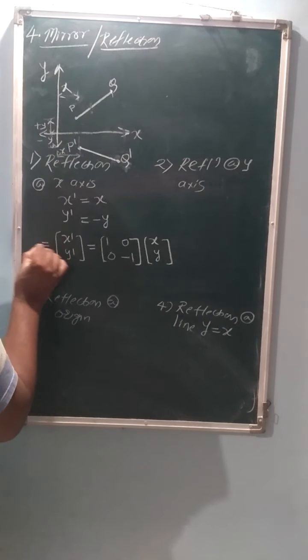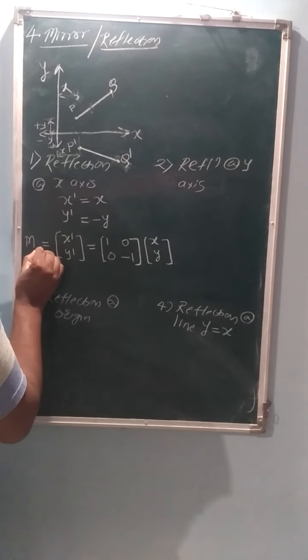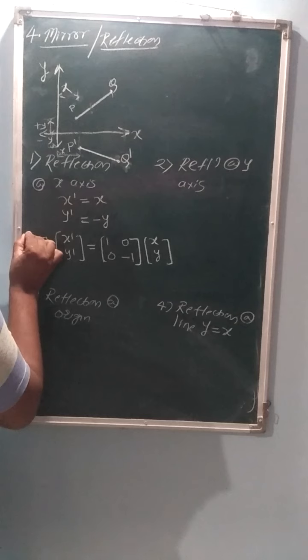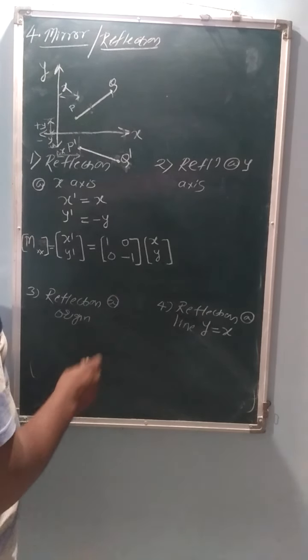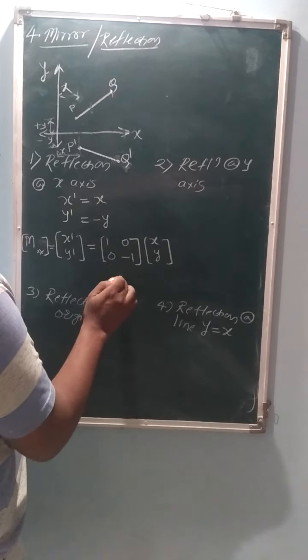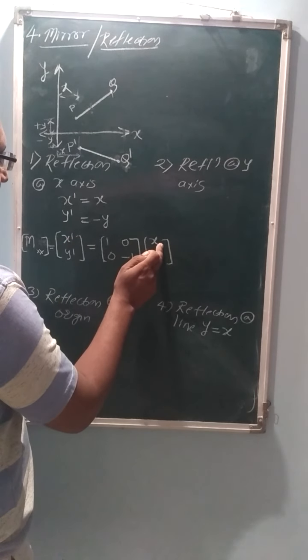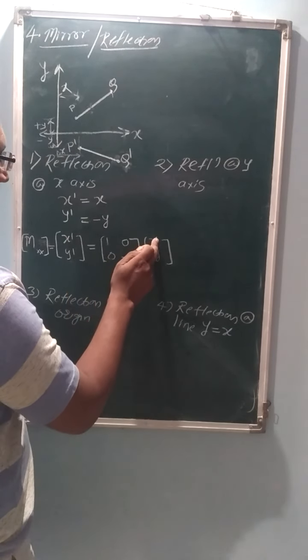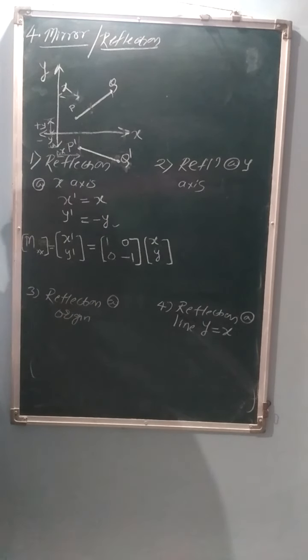This particular matrix can be denoted as mirror about x-axis. See here, if we multiply these two matrices, you will get two equations. 1 into x, so x dash equals to x. y dash equals to 0 into x plus minus 1 into y. So that is the second equation we will get.